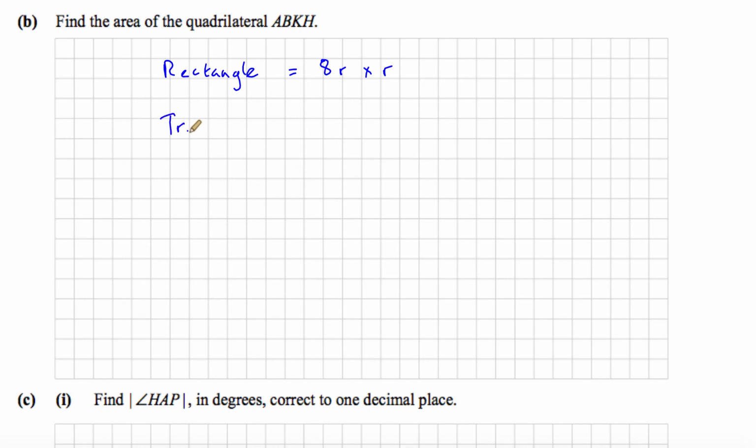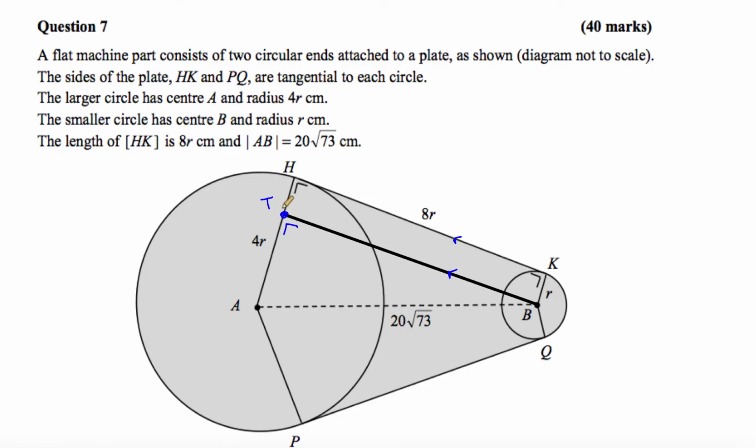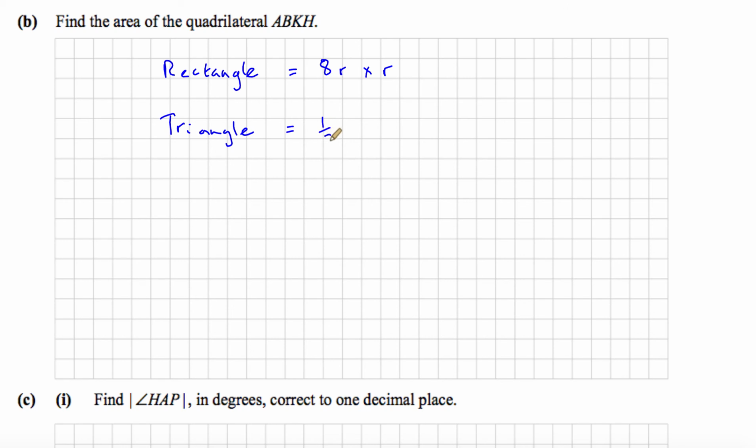And the triangle would be half the base by the perpendicular height. So if I take the base to be 8r, it's half of 8r by the perpendicular height. Remember, that was 3r. So I'm going to add these two together then. That gives me 8r squared.